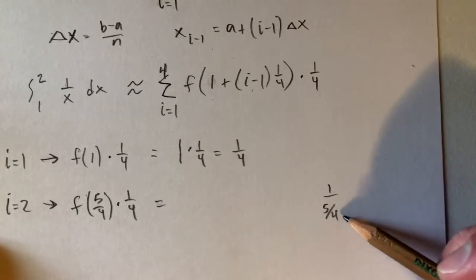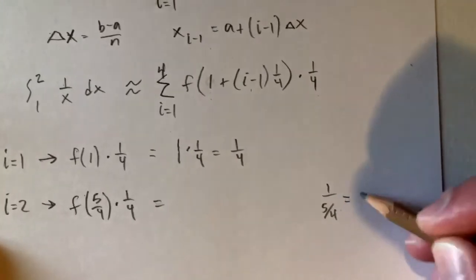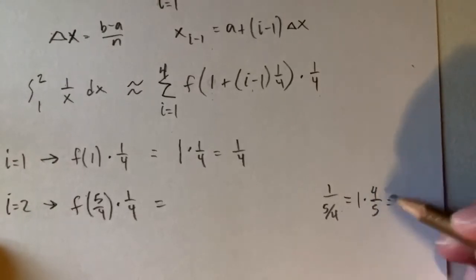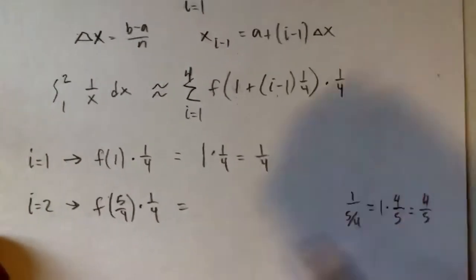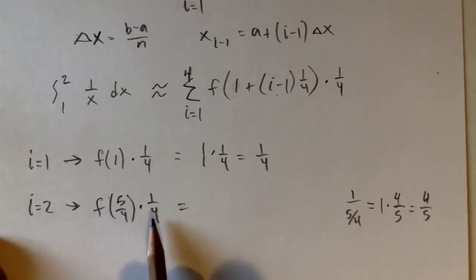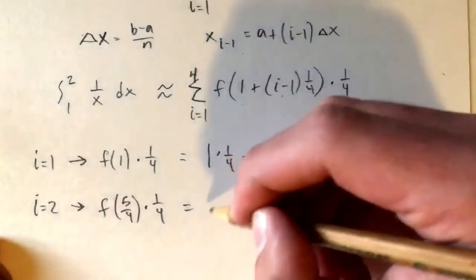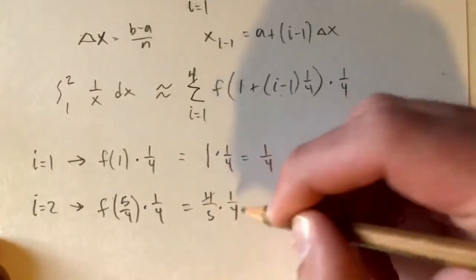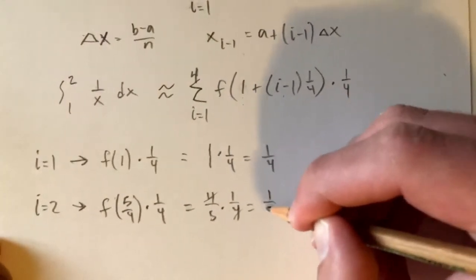Dividing by something is the same as multiplying by the reciprocal, so this is 1 times 4/5, which is 4/5. So f of 5/4 is 4/5. Then we multiply that by 1/4, so 4 over 5 times 1 over 4. The 4's cancel, and we get 1 over 5.